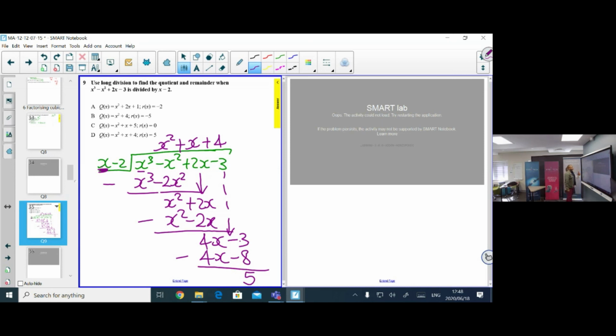So your solution should be this D, which gives you x squared plus x plus 4 being the quotient, and then the remainder is 5, as we have shown.